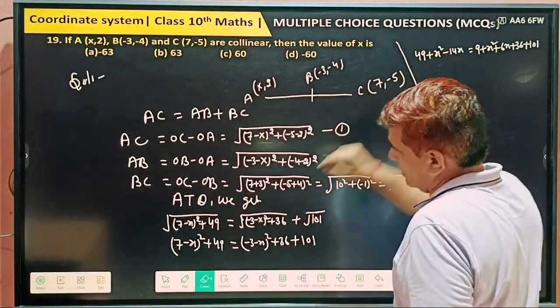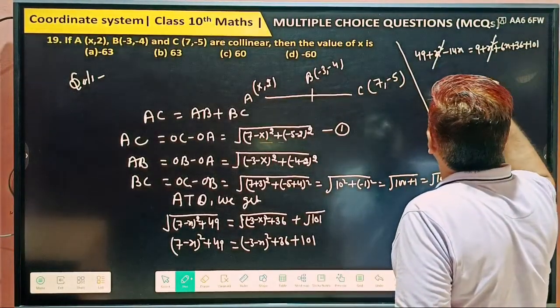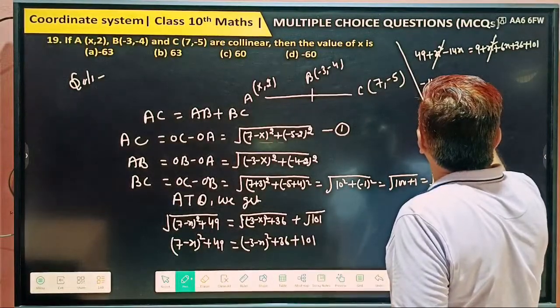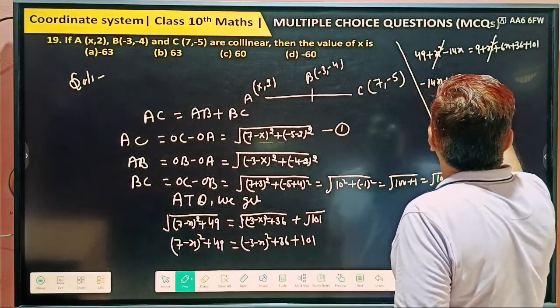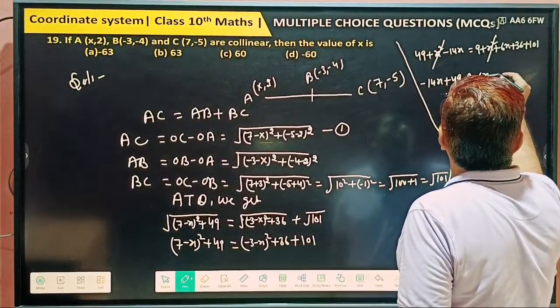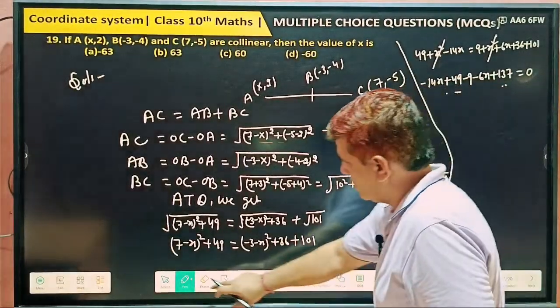This cancels this. So minus 14x plus 49 minus 9 minus 6x plus 137 equal to 0.